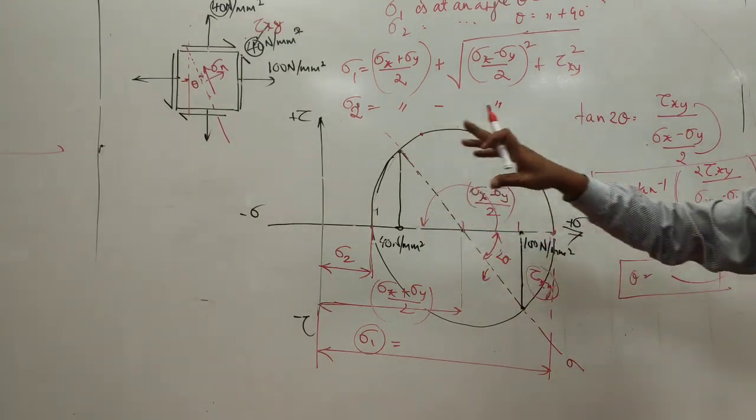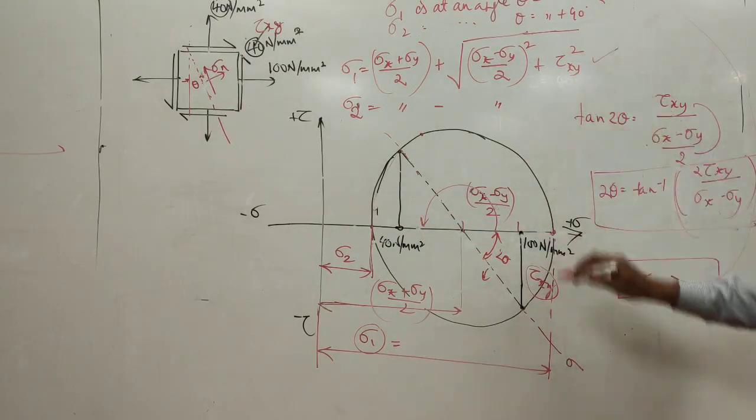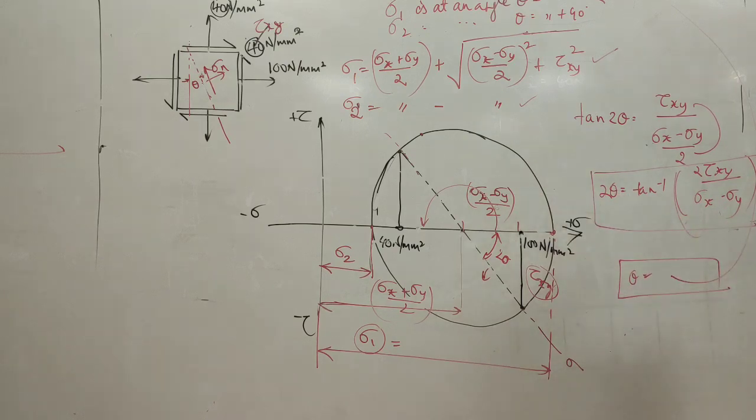So now what have you found out in this problem? Maximum normal stress, minimum normal stress, and the angle at which the maximum normal stress occurs. And then you have not found out something, the maximum shear stress, which is very easy, which you have already found out, but you don't know that you have found it.